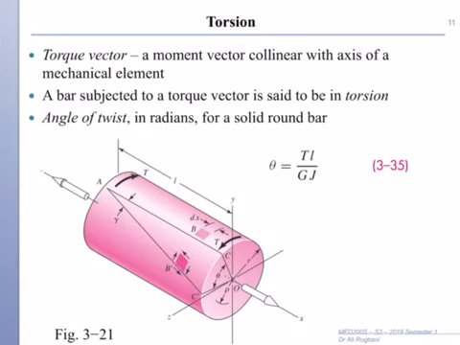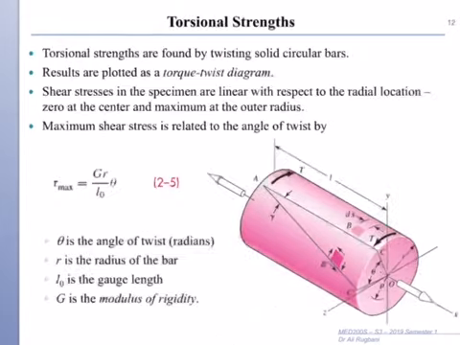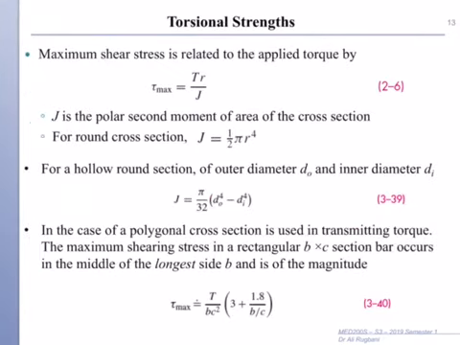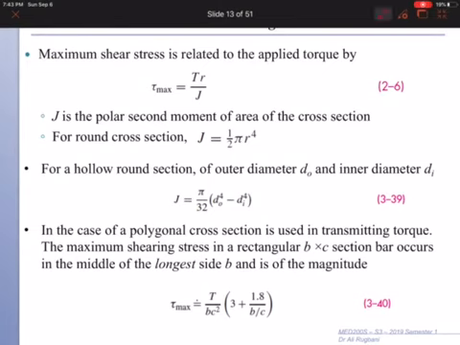Now the other type of stress, shear stress, can be a result of torsion. Okay, so maximum shear stress, if you see here in the formula, we have R, and of course we have modulus of rigidity, we have angle of twist, and so on. So this formula can be reduced into this equation to calculate shear stress.